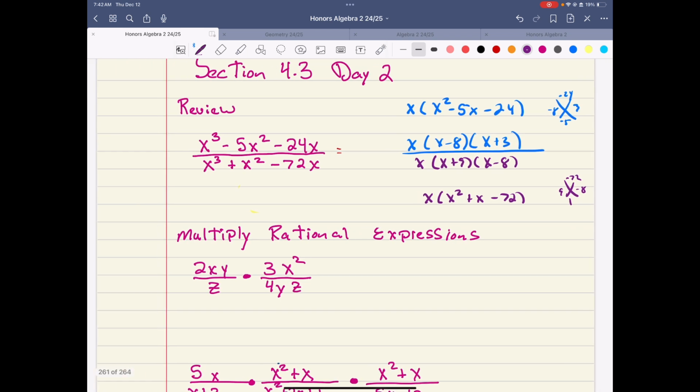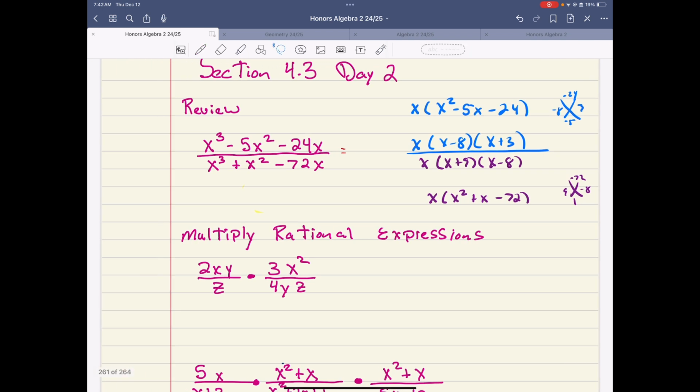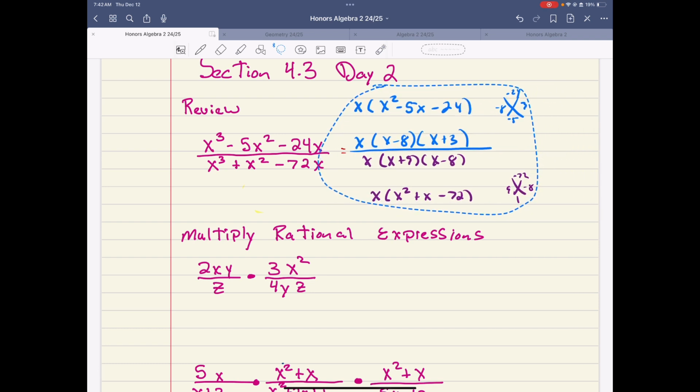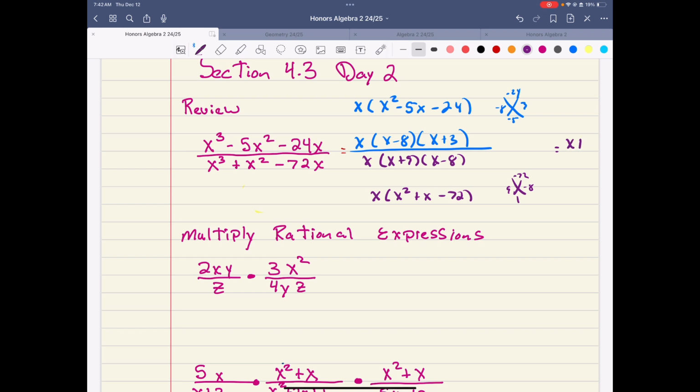Now we simplify that a little bit further. x divided by x is 1. I've got an x minus 8 in the numerator and in the denominator, so that's 1. So I get x plus 3 over x plus 9. There's a simplified form.